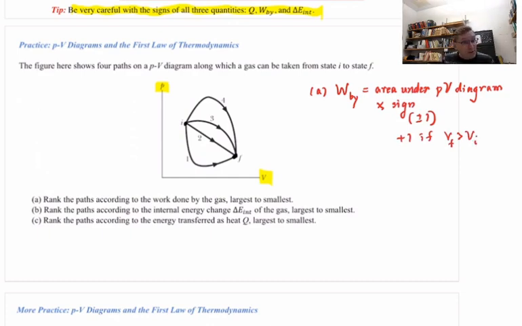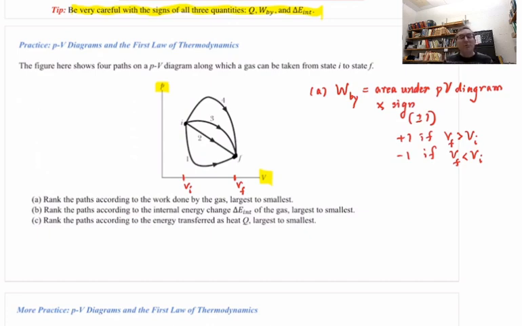It expanded, so W by is positive. Multiply the area by minus 1 if V final is less than V initial. It contracted. Notice that in all the cases here, V final is larger than V initial. The gas expands, the W by is positive. You don't have to worry about any negatives.